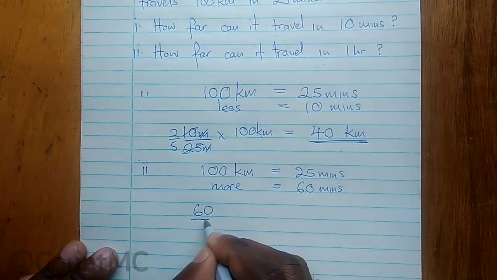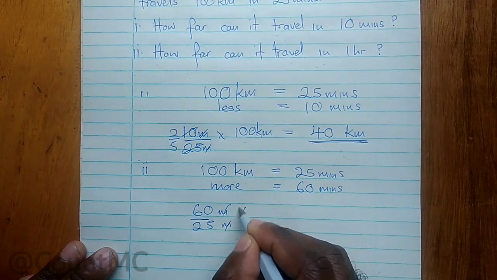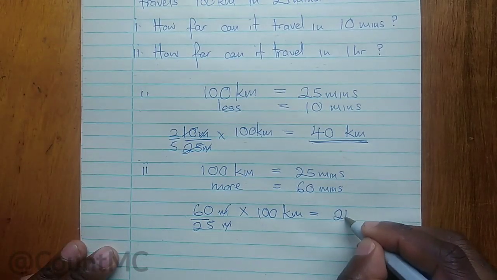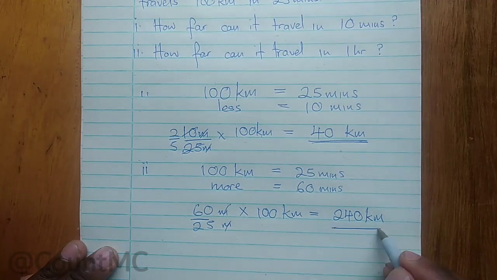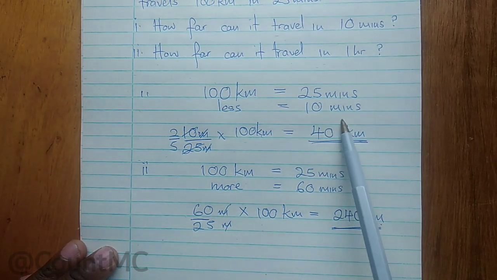So this is 60 over 25 minutes multiplied by 100 kilometers. You get 240 kilometers. So in 25 minutes, this car traveled 100 kilometers, but in 60 minutes, it will travel 240 kilometers. In 10 minutes, it will travel 40 kilometers.